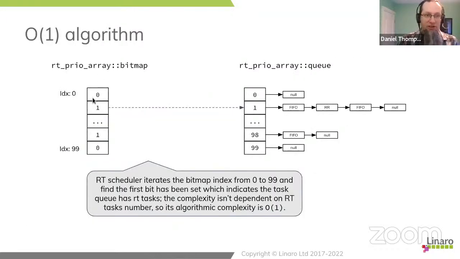So if you want to visualize it, you've got your bitmap to summarize things, and you've got your queue of linked lists, where you've got null, there's nothing to do. Where you've got actions in it, you can act on them. We have shown you something that is possible, which is a FIFO and round robin task sharing the same queue. That would be a very bad sign, of course, because the round robin would make way for the FIFO tasks, but the FIFO task would not make way for the shared round robin task.